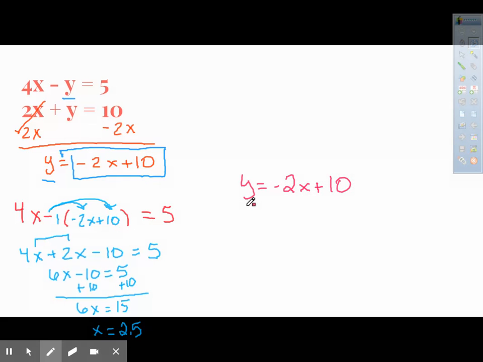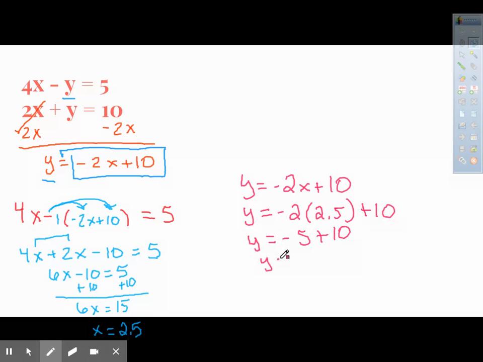X is 2.5, so y equals -2 times 2.5 plus 10. That would be -5 plus 10. So that would be +5. And then your solution would be 2.5, 5.